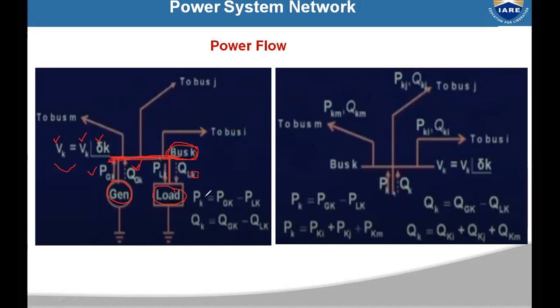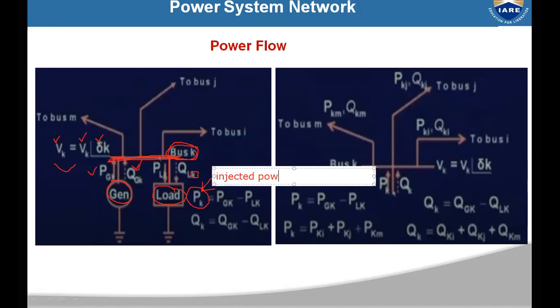Now, consider the power injection, the injected power into the bus. The injected power PK is as follows: here you are generating power, some amount of the generated power is taken by the load, and the remaining is fed into the transmission lines.